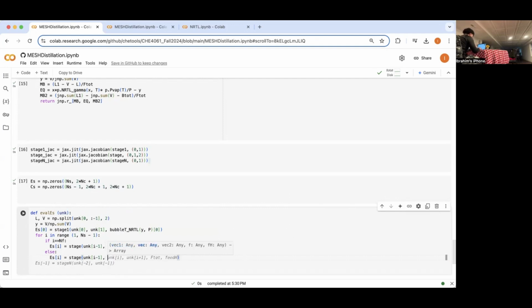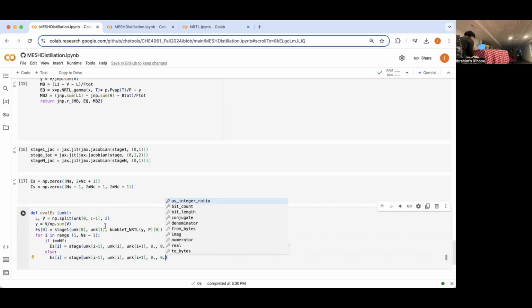And then comma unc as a function of i, and then unc as a function of i plus 1, and then 0 and 0. Okay, this is okay. So I believe we're pretty much saying here that it's essentially going to be the exact same thing.